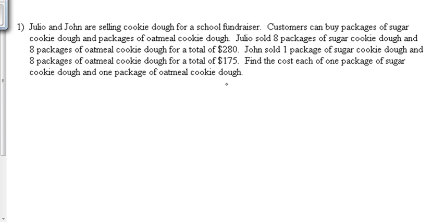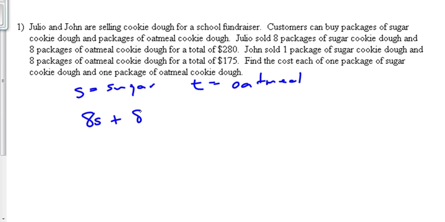I'm going to say that S equals sugar cookie dough, and I'm going to say that T equals oatmeal. So I have 8 times S plus 8 times T, and that equals $280.